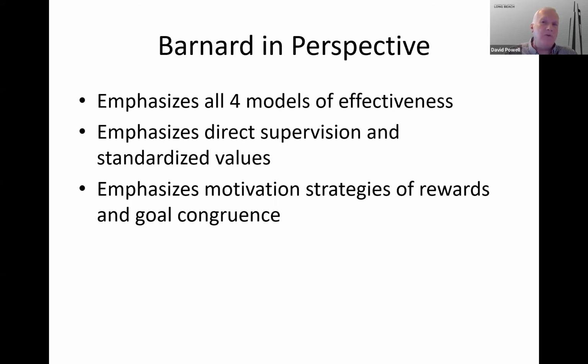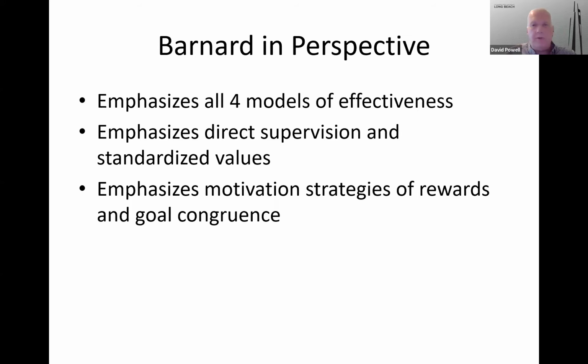So when we take natural systems theory writ large and Chester Barnard specifically, and we look at him in terms of our models of organizational effectiveness, Tompkins would argue to us that Barnard and natural systems theory will emphasize all four of those models: human relations, internal process, rational goal, and open system.